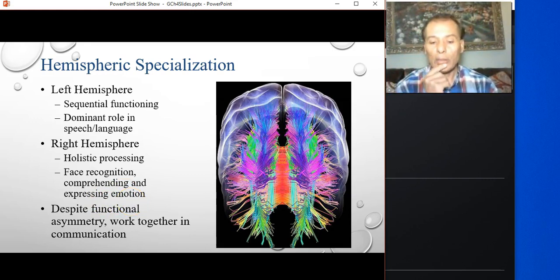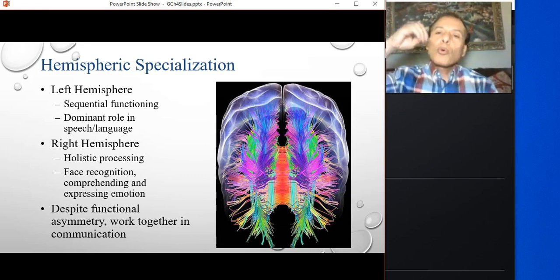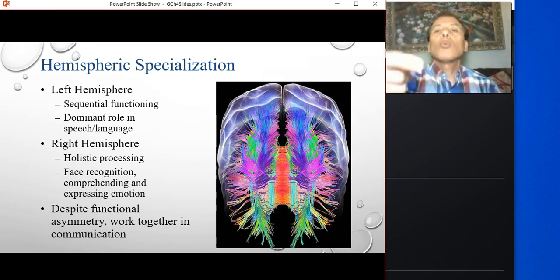There are two aspects here. So in addition to facial recognition, recognizing if you are sad, happy, angry, whatever, there are two areas in it. One area in the front here, in the frontal lobe of the right hemisphere, enables you to put the right tone of voice that matches the meaning of what you want to say.